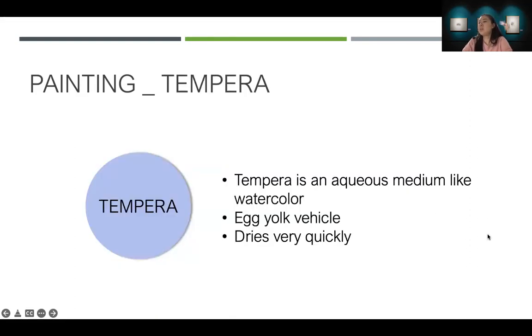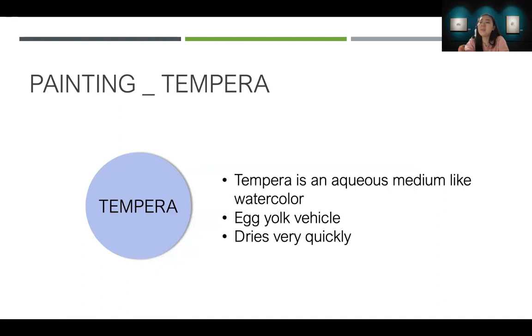Now let's move on to the next painting technique, the traditional painting technique, tempera. Tempera is an aqueous medium like watercolor that dries to a tough, insoluble film. Its colors retain their brilliance and clarity for centuries.